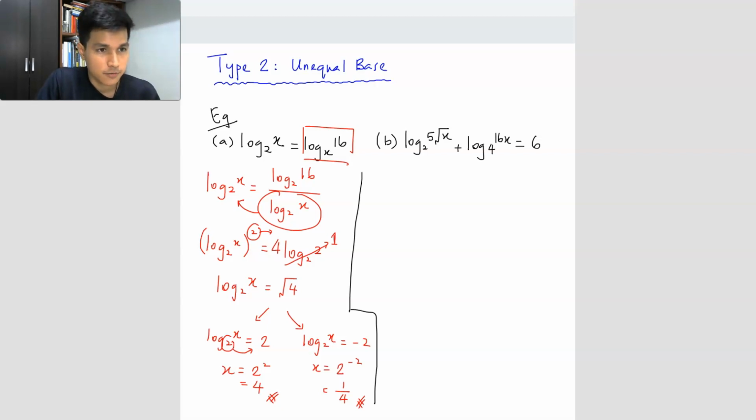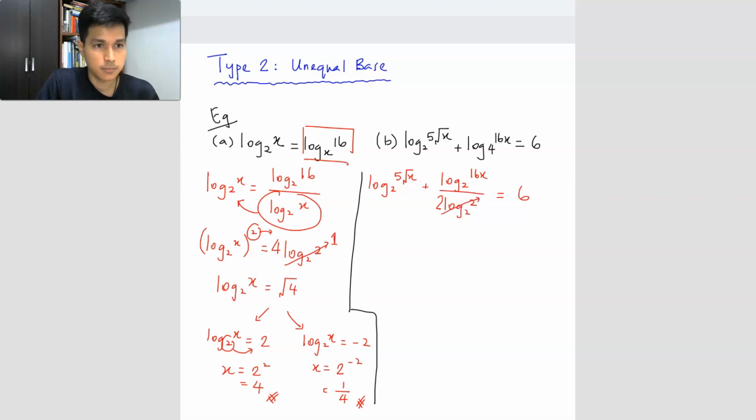So on the left hand side you have log base 2 of 5√x plus log base 2 of 16x over log base 2 of 4, and then the 4 I can write as 2 power 2, right? 4 is 2 power 2, so the 2 I bring in front here, equals to 6.